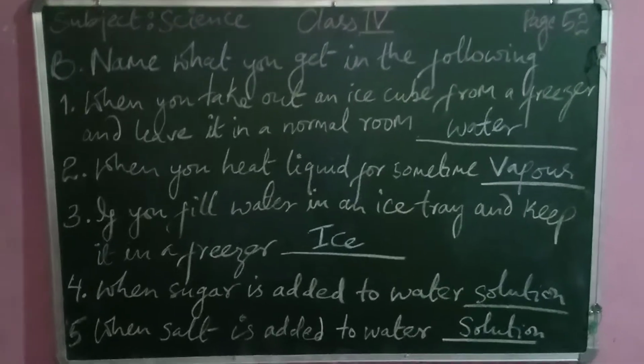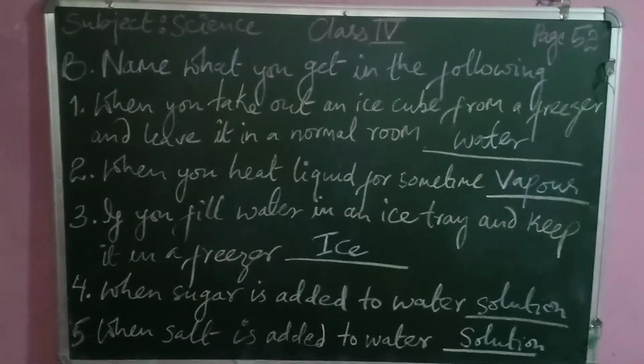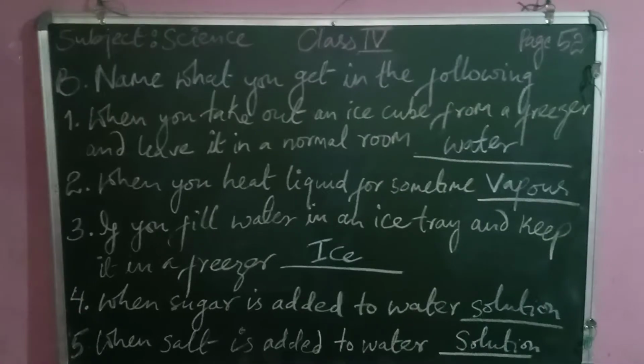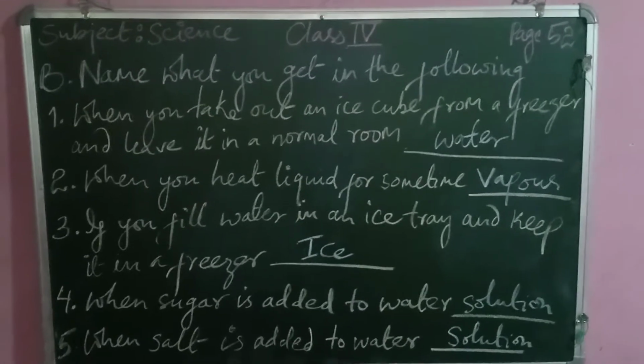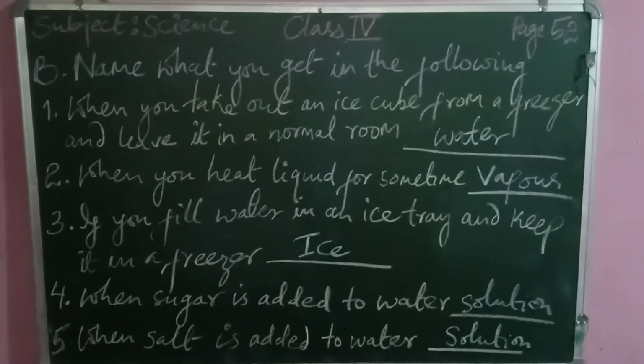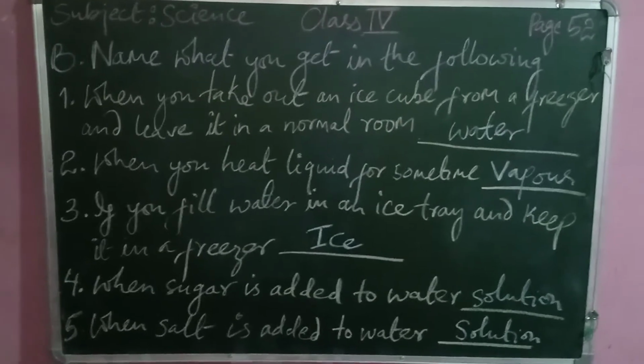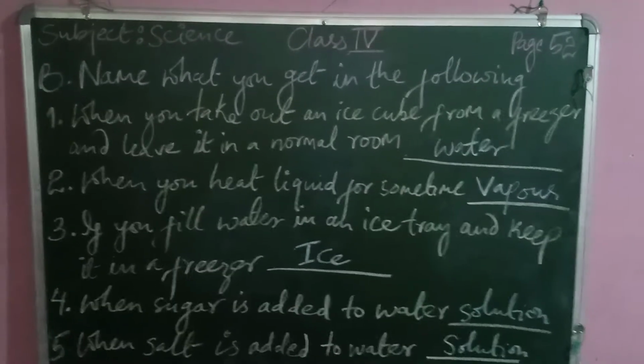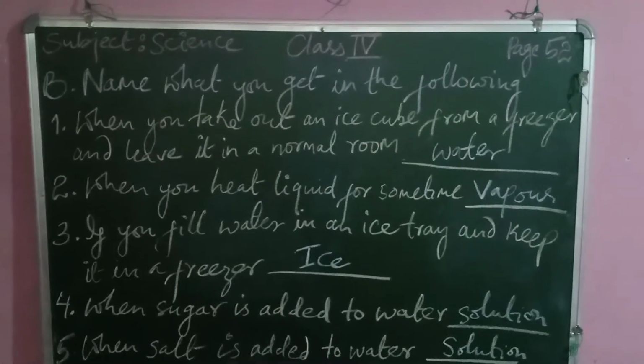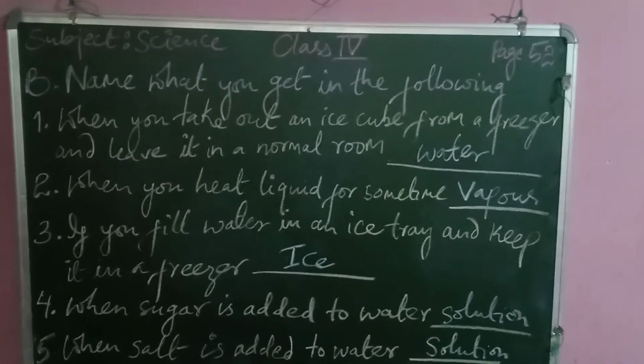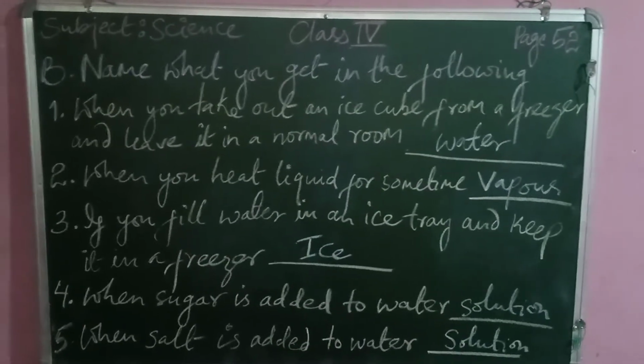Question number 1 says, when you take out an ice cube from a freezer and leave it in a normal room, it starts melting. It's obvious, right? And then it becomes water, so you have to write water in it.